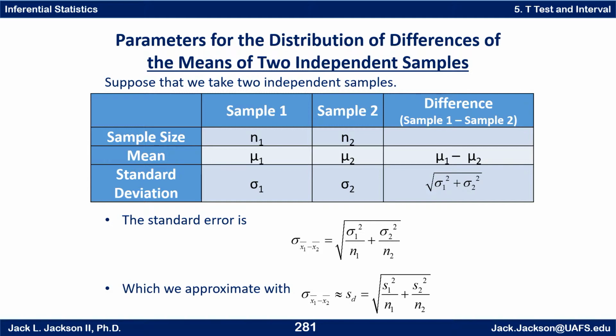But we do know the sample standard deviations. So we just replace the sigmas by the s's, and that's at least approximately the standard deviation of the difference in x bar values. I'm going to call that s sub d, the standard deviation of the sample differences. It is given by this formula: the square root of s sub 1 squared over n1 plus s sub 2 squared over n2.